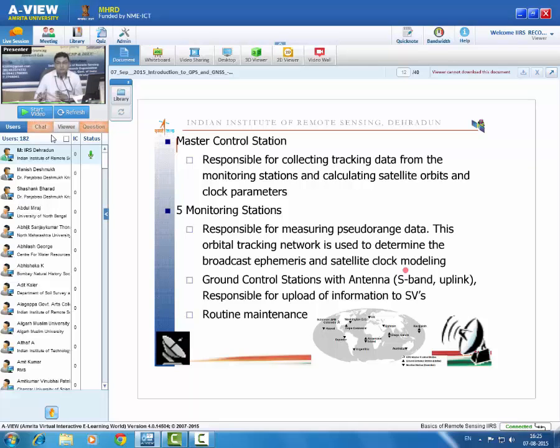When the satellites are in touch with all these 5 stations, because one station cannot keep in touch with all the 24 satellites, or the number of satellites which are there in the system, because usually the number of satellites in orbit is about 30 or more nowadays, because it has become a very important system and under no condition do we want it to fail.